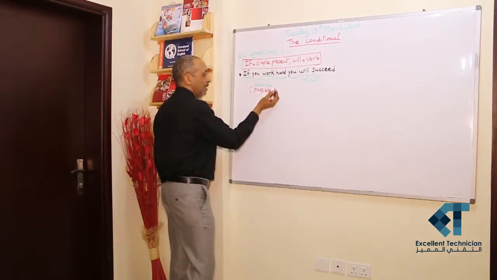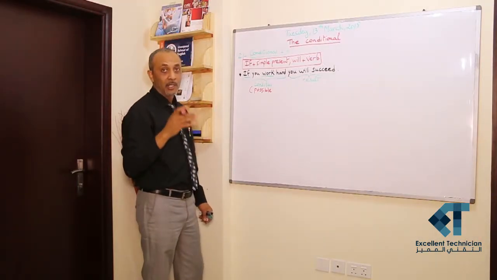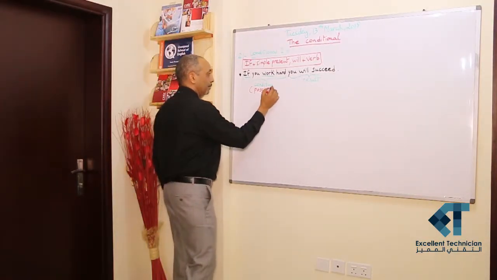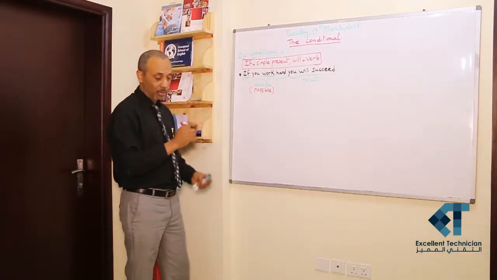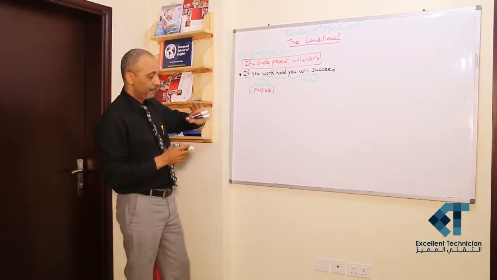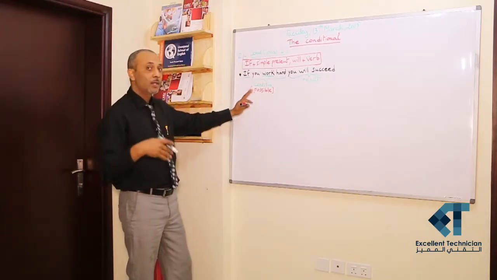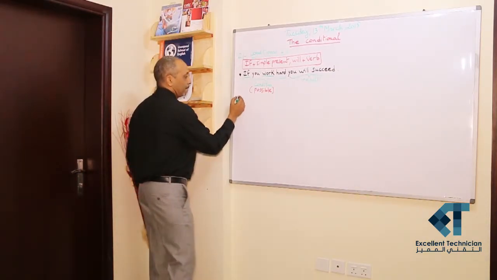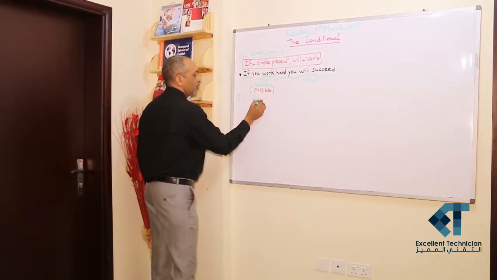It's possible that it is fulfilled, or it is done, or it is happening. It's possible. This is conditional 1. In conditional 2, things are going to change.